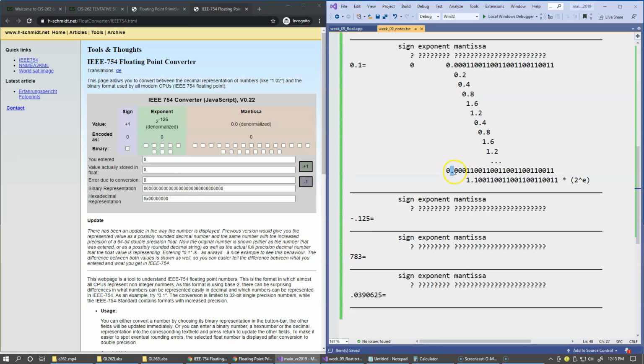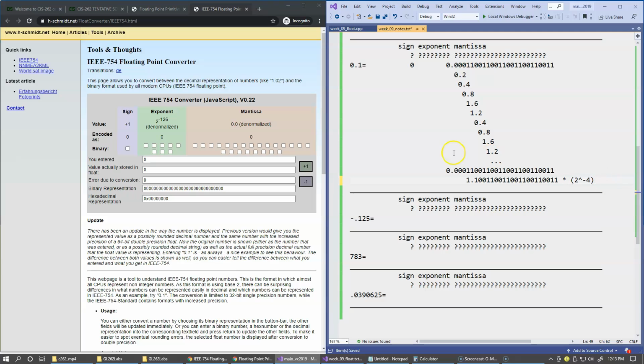And here we have to shift it 4 times. So basically we go from here to 1, 2, 3, 4 times. And obviously we're shifting to the right. And when we're shifting it to the right, it has to be a negative value. So this is -4.